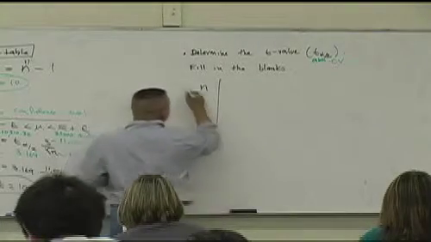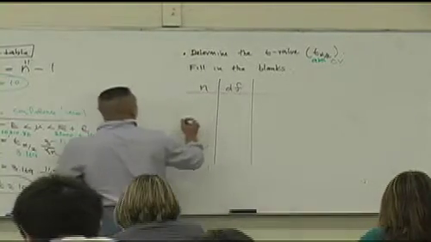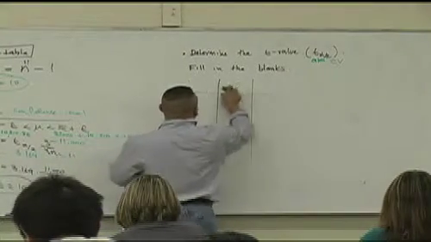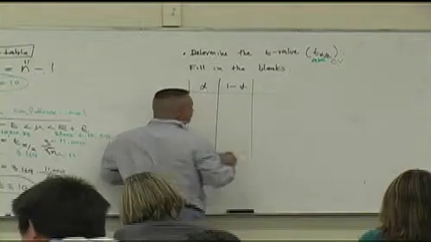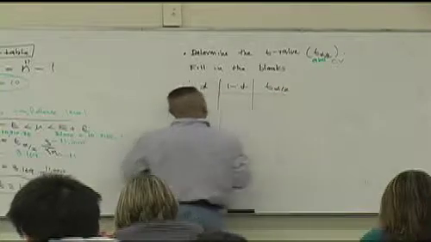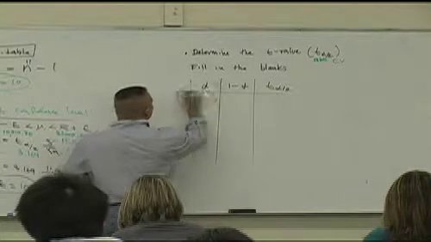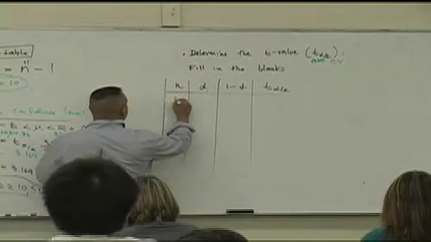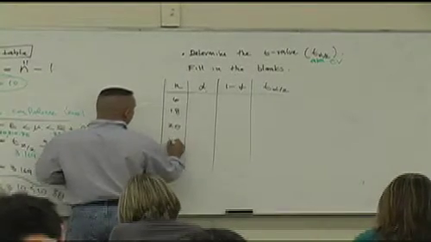N, df, now let's do this. Let's say alpha, 1 minus alpha, t alpha over 2. N: 6, 18, 20, 22.